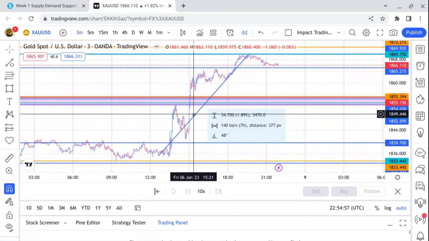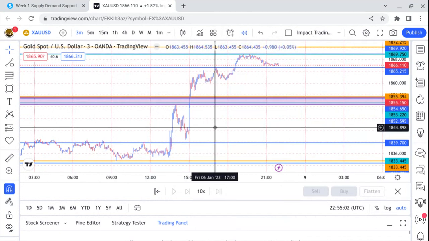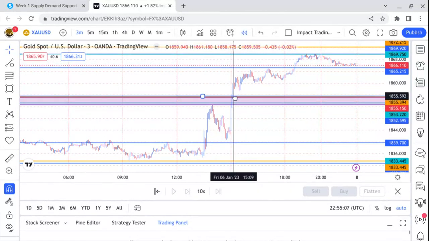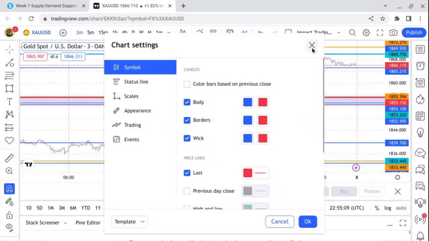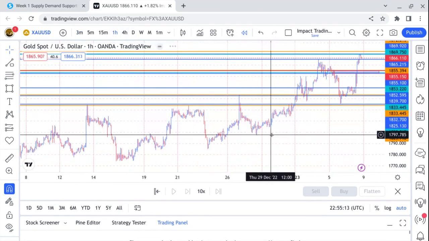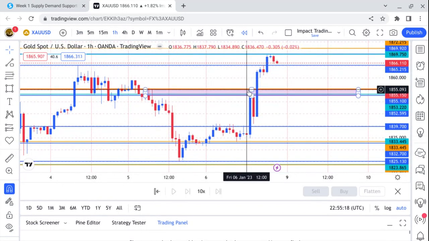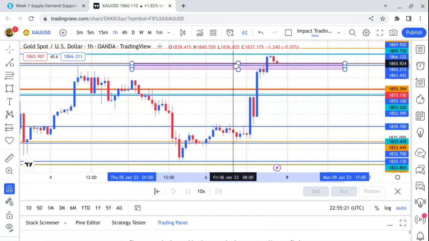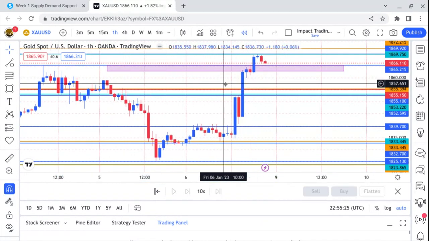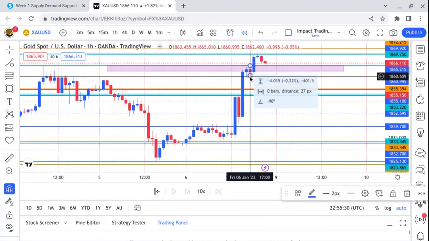And then here comes another short opportunity on the 1600, 1700 hour, at this area right here. Now remember, we drew these lines before the trading session began. Now this trade would have given you 400 pips.